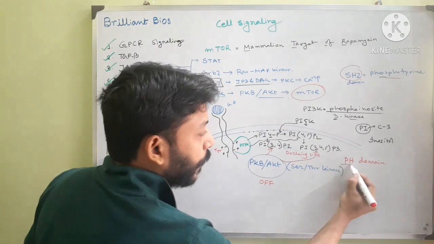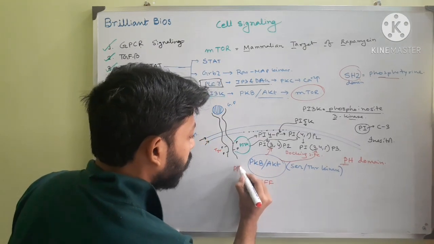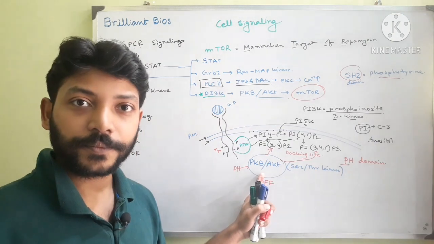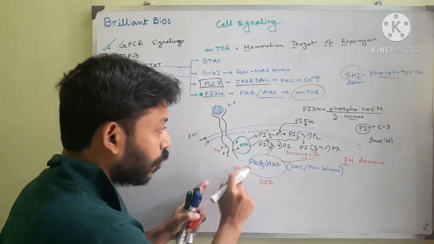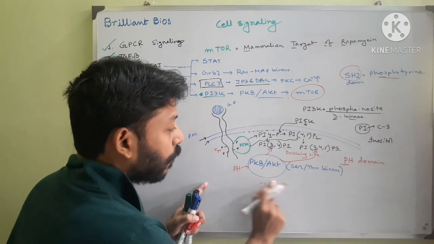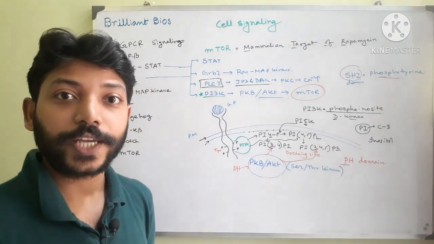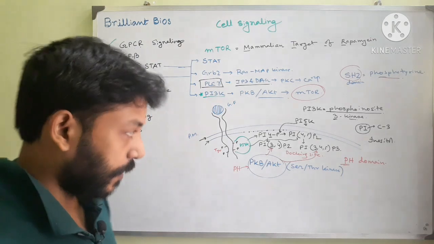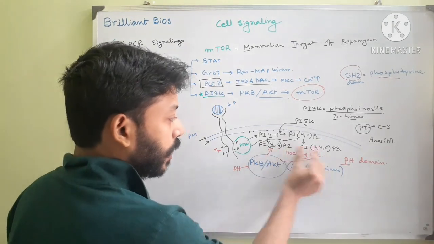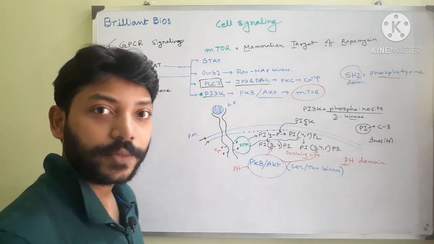The PH domain present in this PKB prevents its function. When the PH domain binds with this molecule, then the PKB starts to get activated. But the binding of PH to these two molecules alone will not activate the PKB.